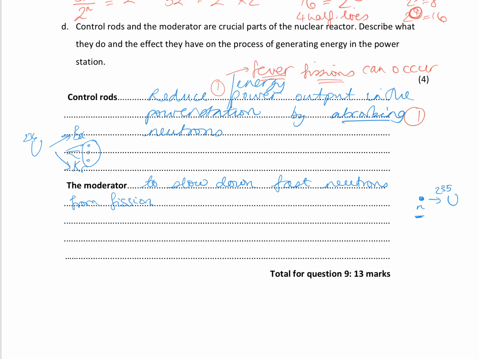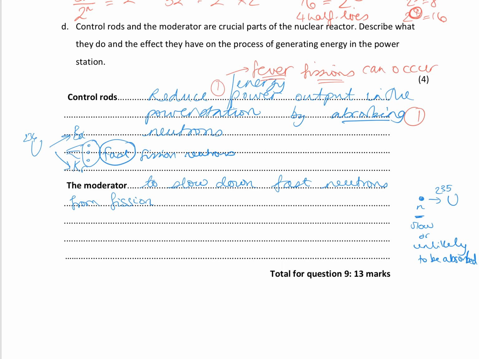Now this neutron has to be slow, otherwise it is unlikely to be absorbed. It'll probably just go straight through it. But the neutrons that come out from these are fast fission neutrons.